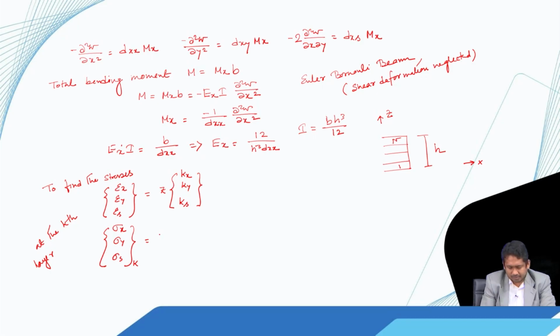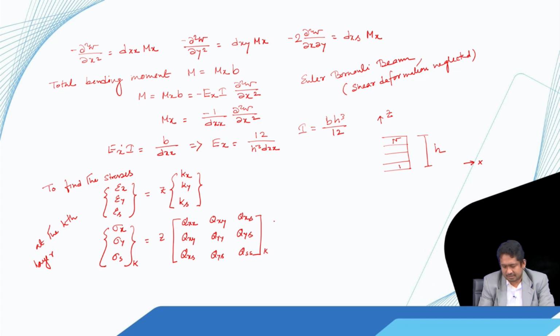By using the constitutive relations, we can write this as this matrix Q in the XY system for the kth layer, multiplied by z, which is already there, so multiplied by kappa x, kappa y and kappa s.